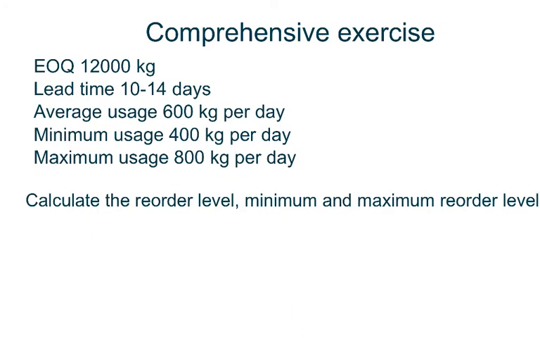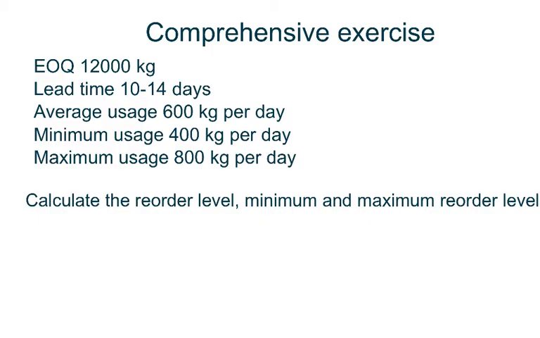Now that we know how to calculate all the stock levels, we can do a comprehensive exercise, and we have here an economic order quantity of 12,000 kilos, a lead time of 10 to 14 days. Now you can calculate the minimum, the maximum, and the average.